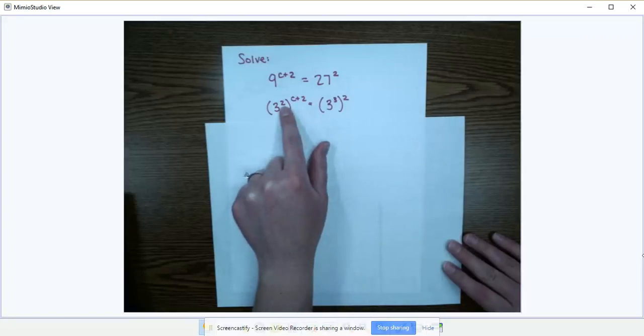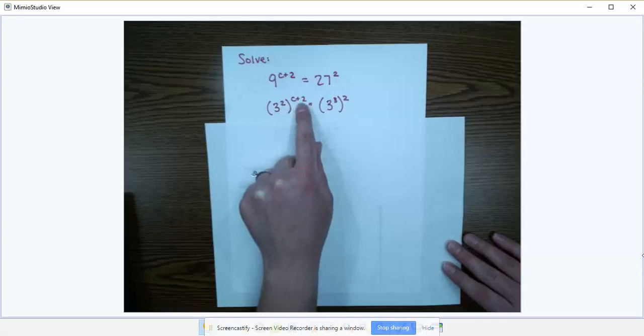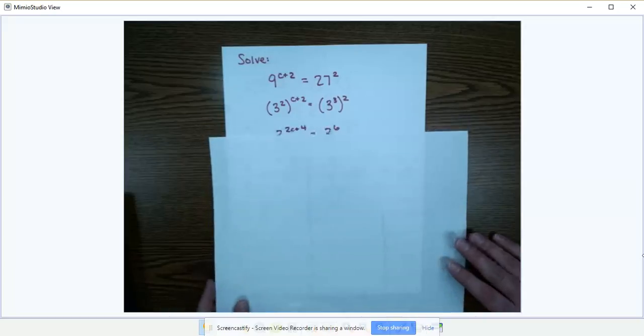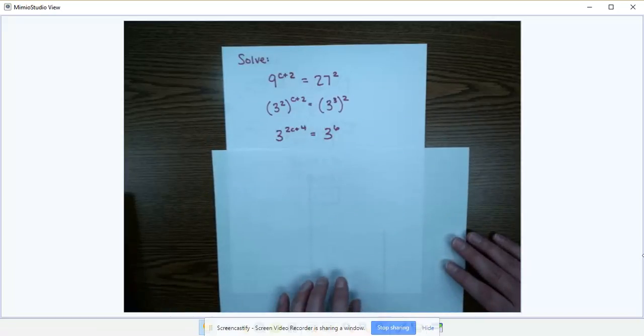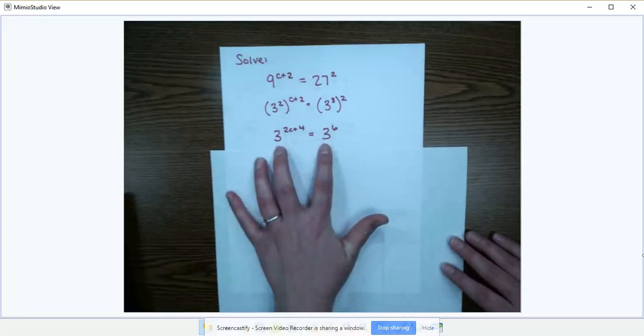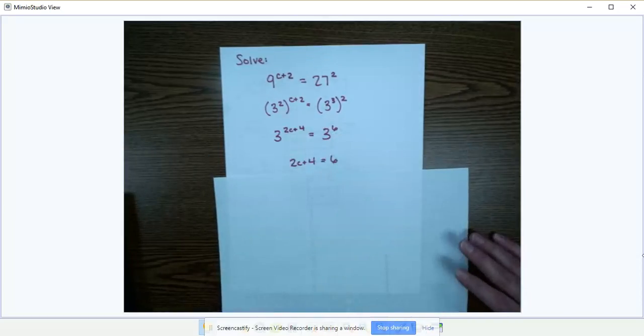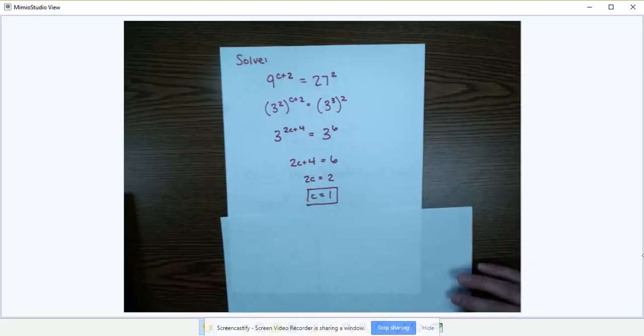Then there's an exponent rule that says a power raised to another power says we multiply these two exponents. So the left side becomes 3 to the 2c plus 4. The right side becomes 3 to the 6th. Since these are the same bases, we can set our two exponents equal to one another and solve that linear equation to get c equals 1.